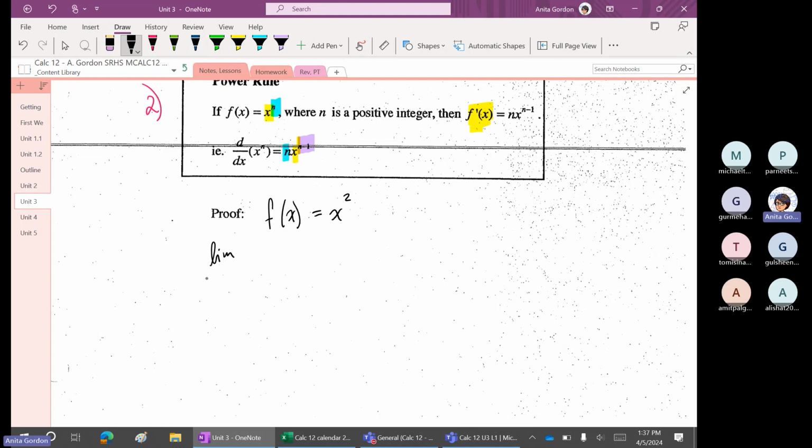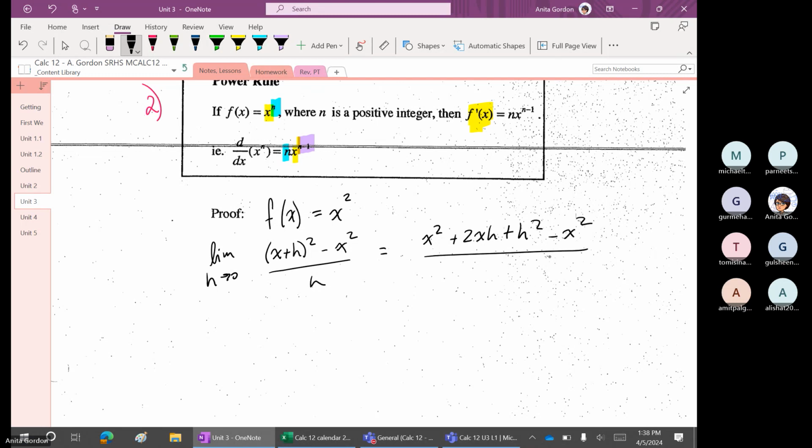So if I do the limit as h approaches 0 of x plus h squared minus x squared all over h, and I use my trusty Pascal's triangle to figure out what all my coefficients are, all over h, the x squareds cancel. The h cancels from each term. And then I'll take the limit and make this go down to 0. I'm just left with 2x.